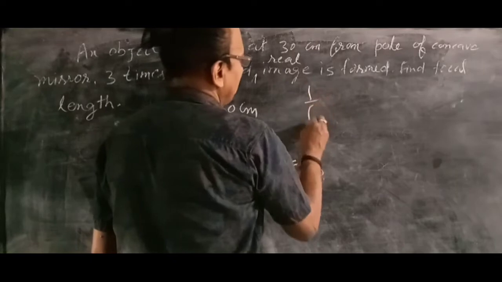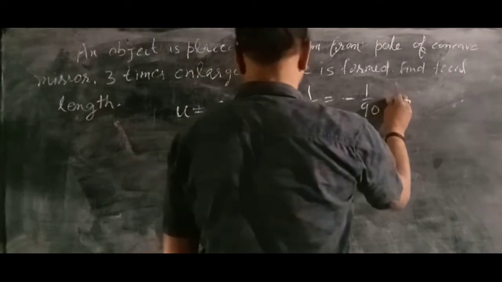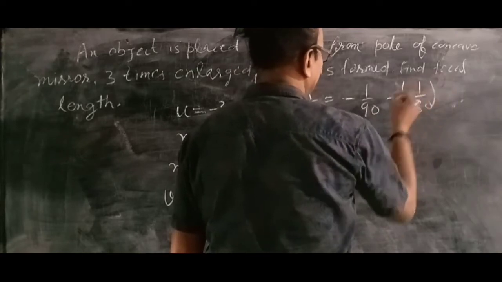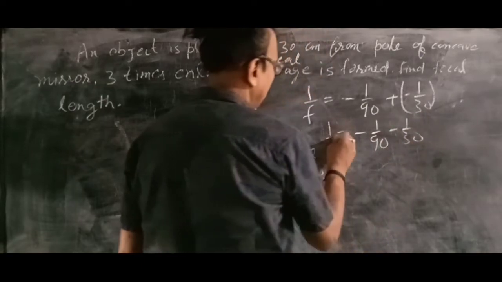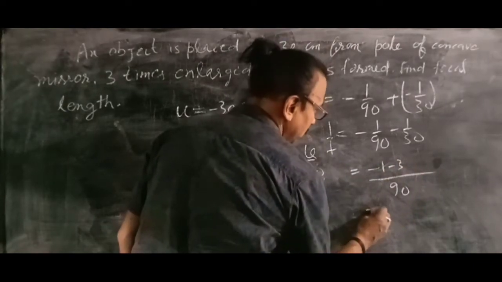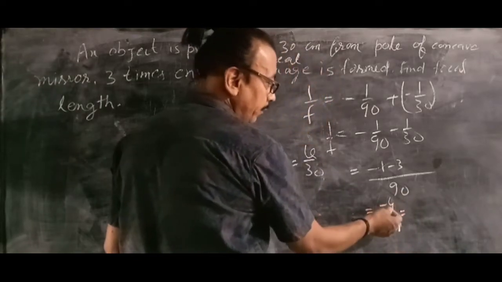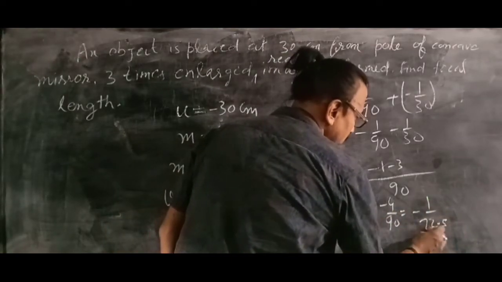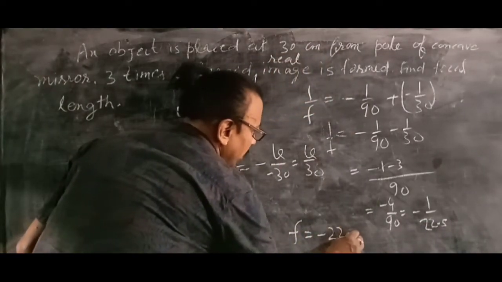By mirror formula, 1 by f equal to 1 by v plus 1 by u, that is minus 1 by 90 plus minus 1 by 30, minus 1 by 90 minus 1 by 30, 1 by f, that is equal to minus 1 minus 3 by 90, that is equal to minus 4 by 90, that is equal to 4 से divide कर देंगे, we will divide 90 by 4, minus 1 by 22.5. So focal length f equal to minus 22.5 centimeter.